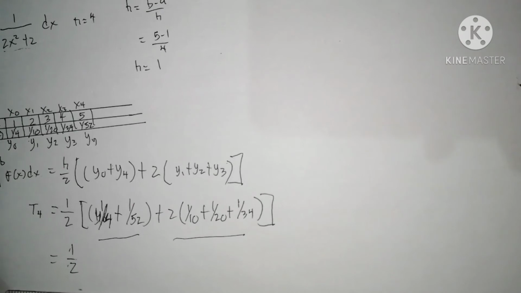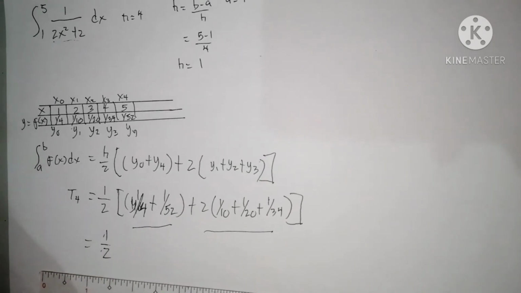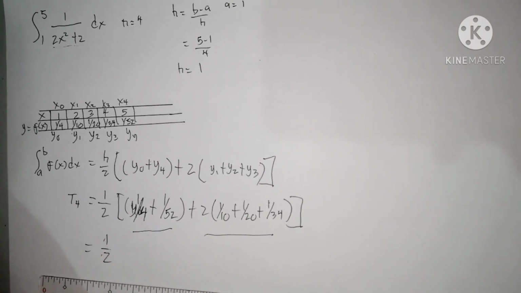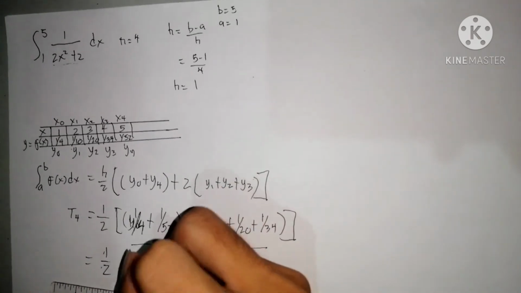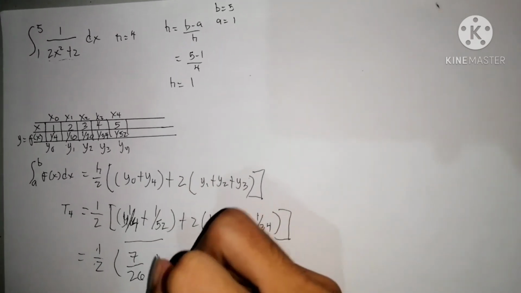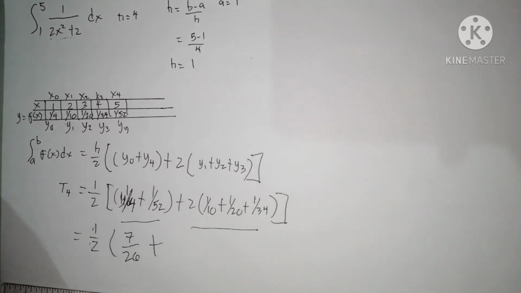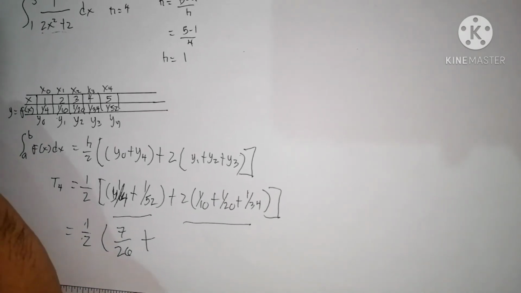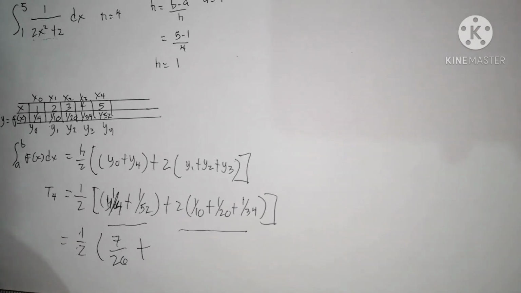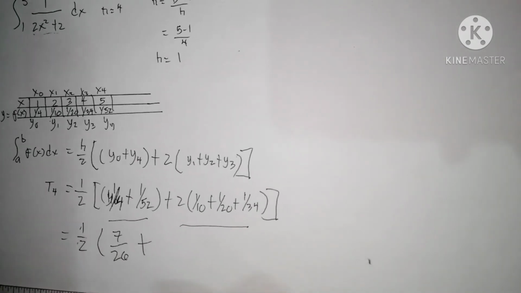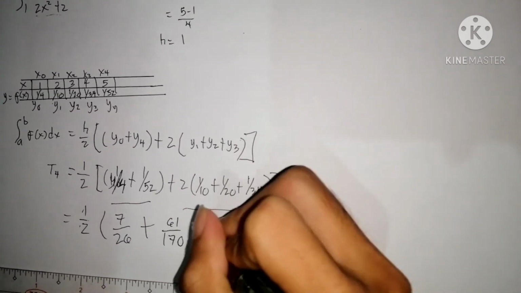Using the calculator, 1 over 4 plus 1 over 52 equals 7 over 26, plus here the value of this is 2 times 1 over 10 plus 1 over 20 plus 1 over 34 equals 61 over 170.